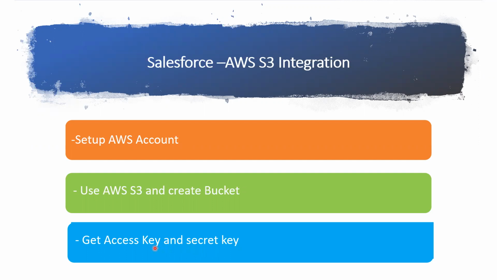When I want to integrate, which service am I going to connect to? My endpoint. Then how can I connect? Here I have given the access key and secret key. I'll show you how to create the access key and secret key in AWS S3.